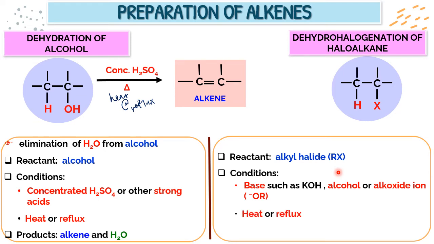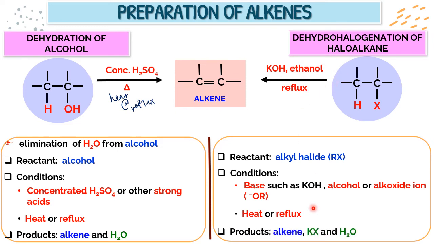And then the reaction must be done with heat or under reflux. This is how you write down the conditions on the arrow. So we must have our base with ethanol under reflux.